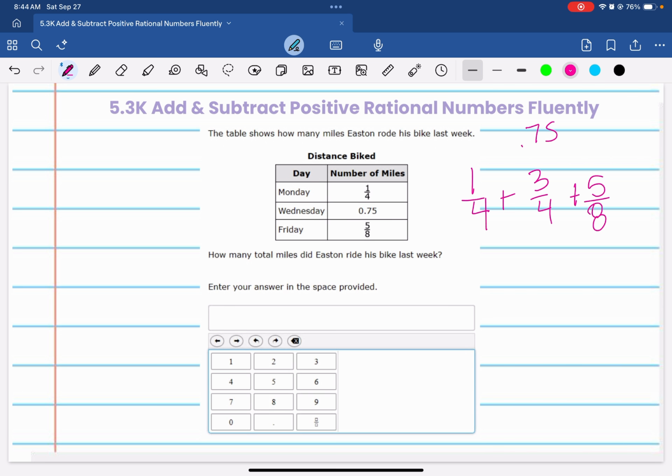Well, we want common denominators, or your total group size needs to be the same. So I'm just going to show it how I've done it in my class. I tell my students we're finding equivalent fractions, also known as skip counting.